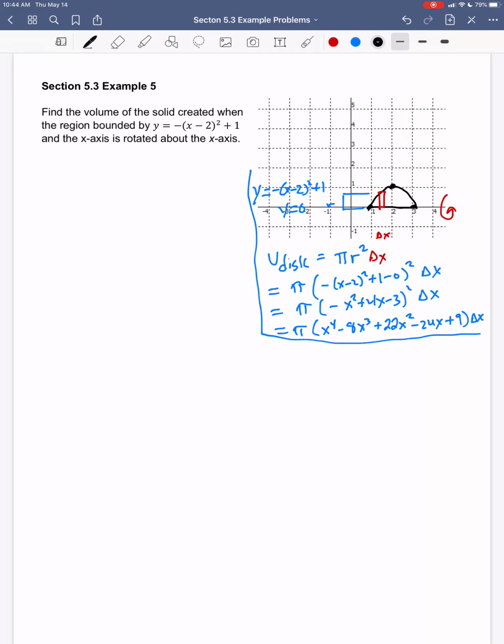So for my overall volume, I'm going to add up all of those disks. That's going to take x values from 1 to 3. I'm going to go ahead and factor out the pi.